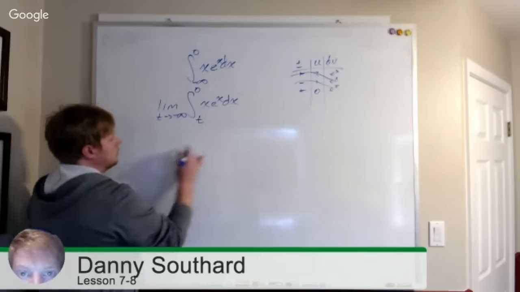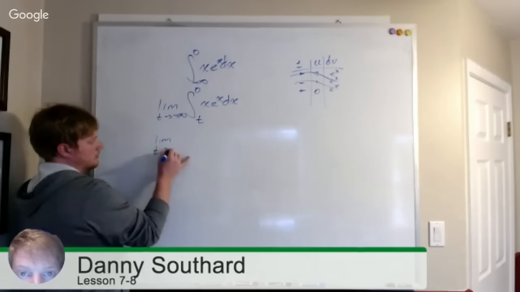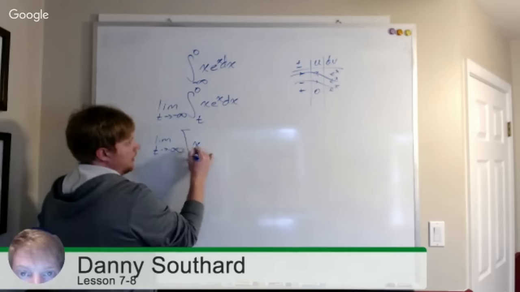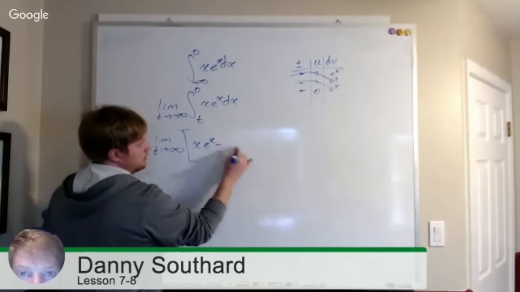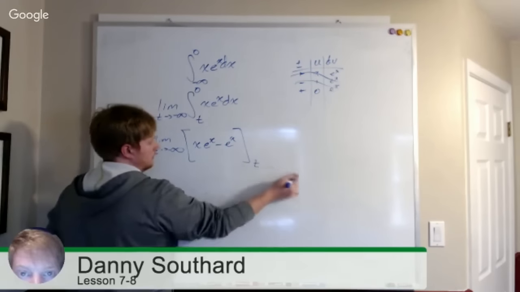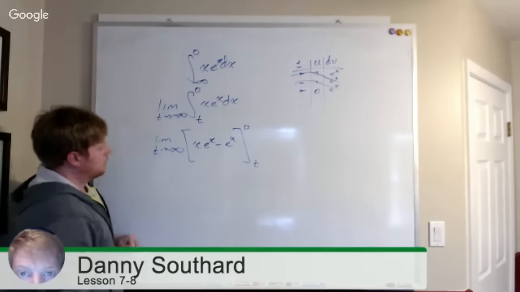So this integral gets evaluated as x e to the x minus e to the x from t to 0. All right.